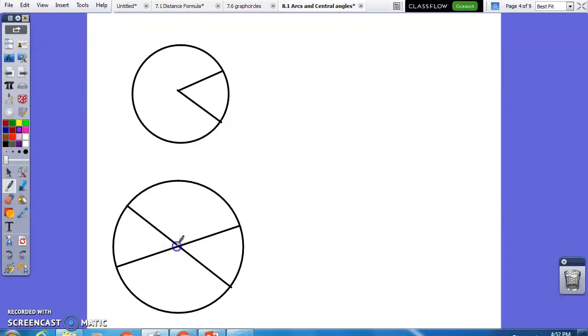So if this is the center point here, the center of the circle, and this was, say, 40 degrees, let's put some points on here. Call this X, Y, Z, N. As we look at this, we're going to use our basic knowledge of the vertical angles and the linear pairs that we've done before.